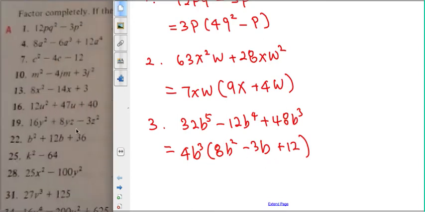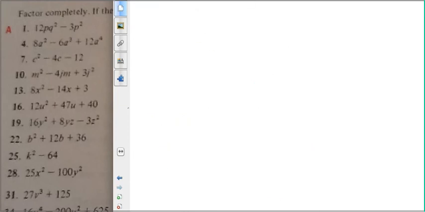Let's go for number 4. 8a squared minus 6a to the 3rd plus 12a to the 4th. Now, here 2 seems to be common, and then a squared. So what if you have 2a squared?